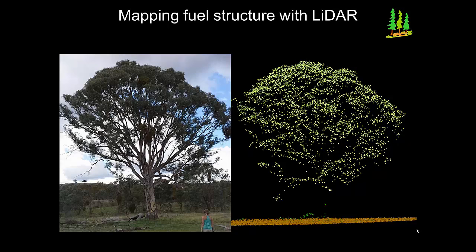So this is an example of a point cloud derived from LiDAR. Here you can see a picture of the same tree, where the point cloud distribution is here, and you can see how you can get quite a good detail about the tree, and also some information about the understory.